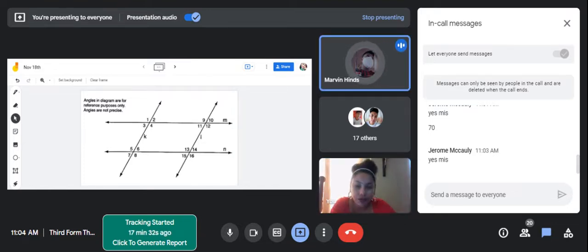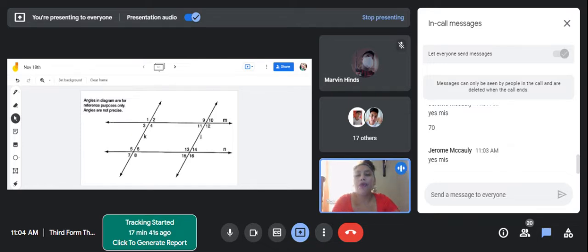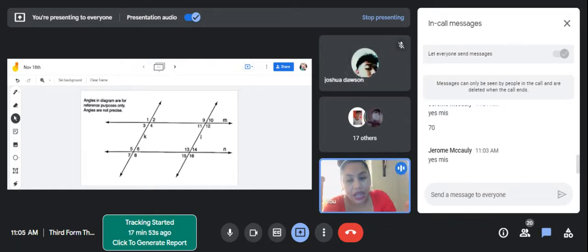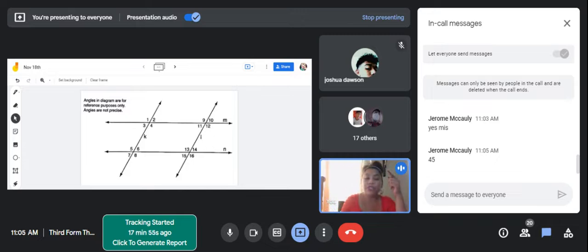Angle 1 is equal to 135 degrees. What did we say that angle 2 will be? It's going to be a straight angle. Very good. So angle 2 is 45 degrees and your reason is a straight angle. That is what everybody should have for number 1.